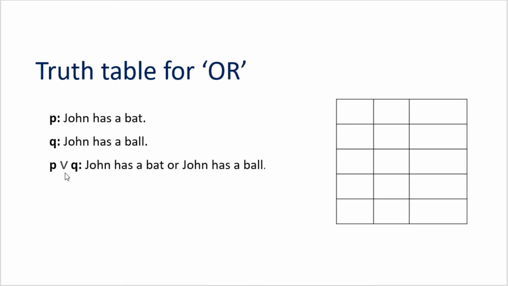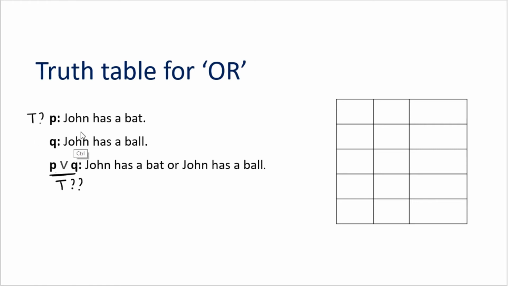Now notice that the truth value of the statement P or Q depends on the truth value of the statement P and the truth value of the statement Q. In other words, whether or not P or Q is true depends on whether or not P is true and whether or not Q is true.